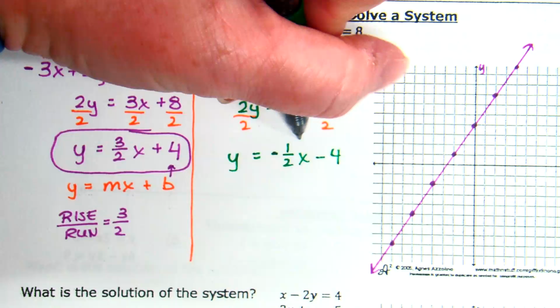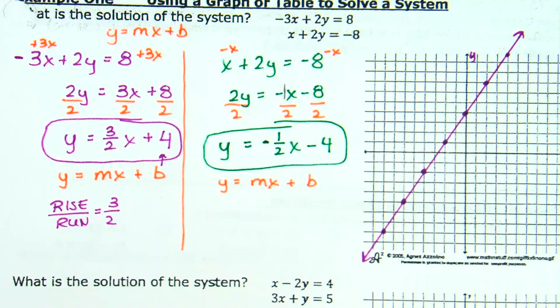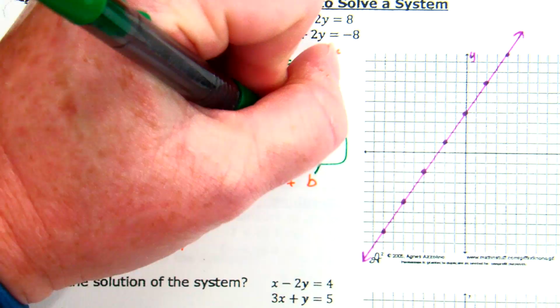Okay. Again, we managed to get this in y equals mx plus b form. What do I start with? Your b value, your y-intercept of negative 4. Where's a y-intercept of negative 4?